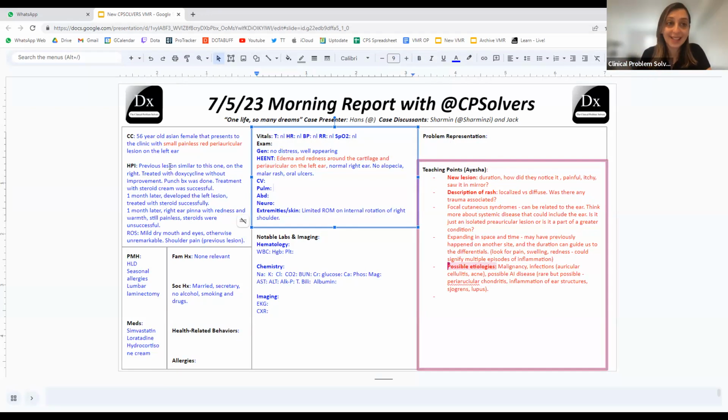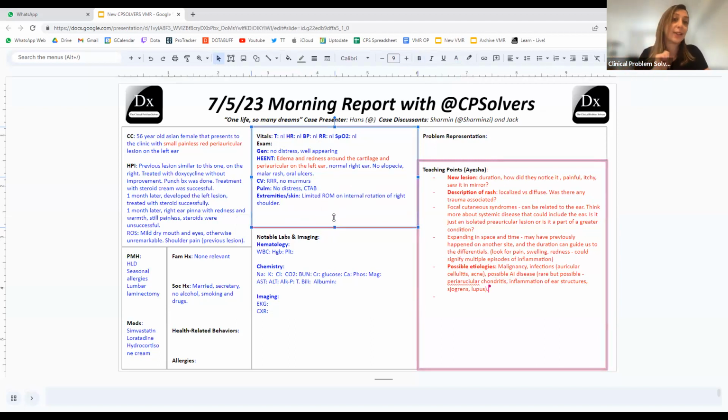In terms of the exam, it's actually quite helpful, even though all of the abnormalities might just be in the ear. But if you're entertaining, as Jack was talking through with us during the first aliquot, that this is just a sign of a systemic process, then is there anything else that we can pick up? Are there any other lesions?